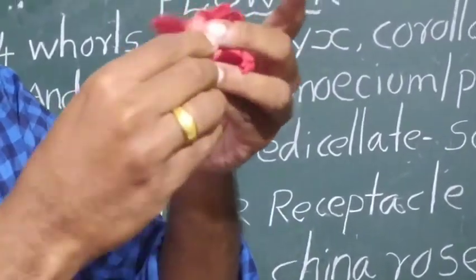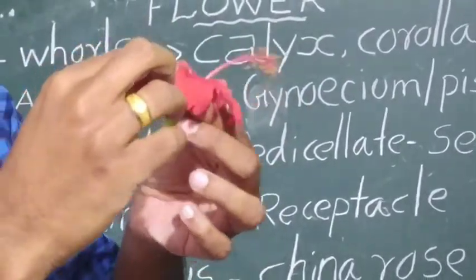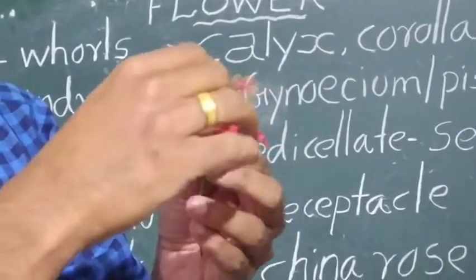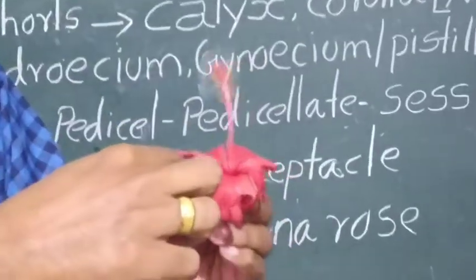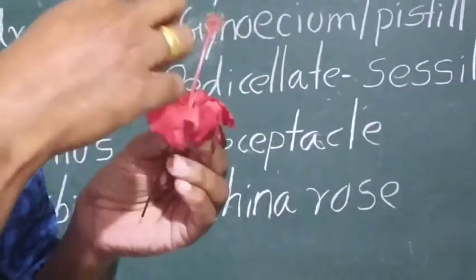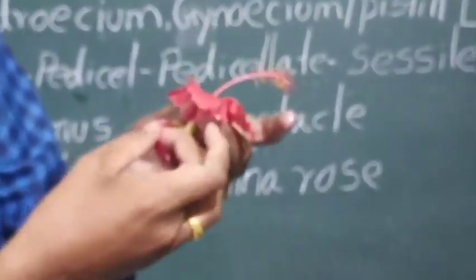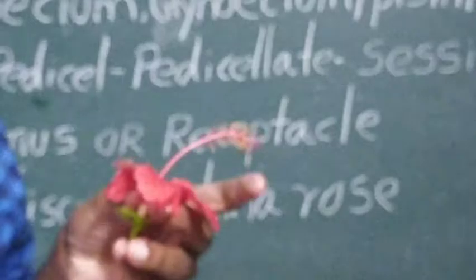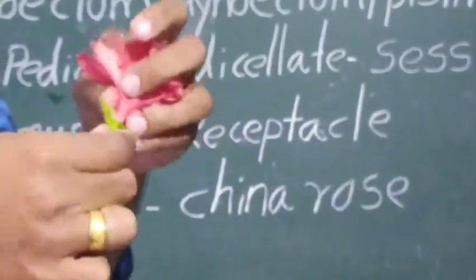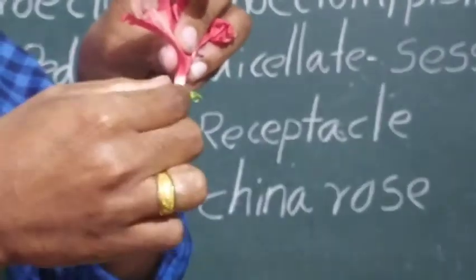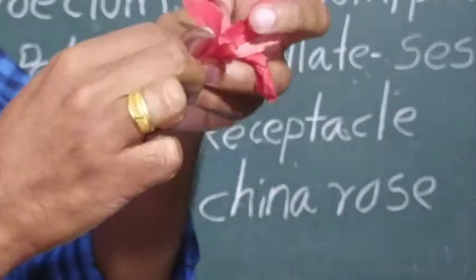After that, it is followed by the corolla. This brightly colored part is known as the corolla. Each unit of the corolla is known as a petal. So this one is a petal. In the calyx, each unit is known as a sepal.